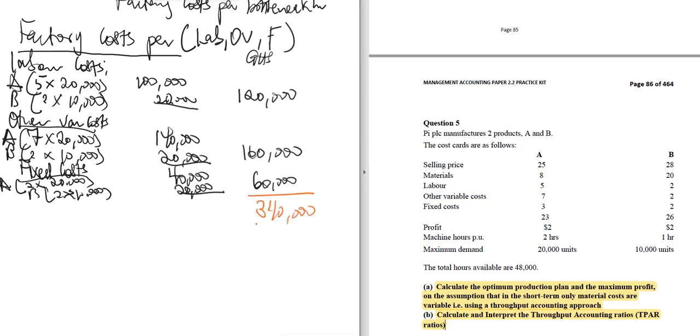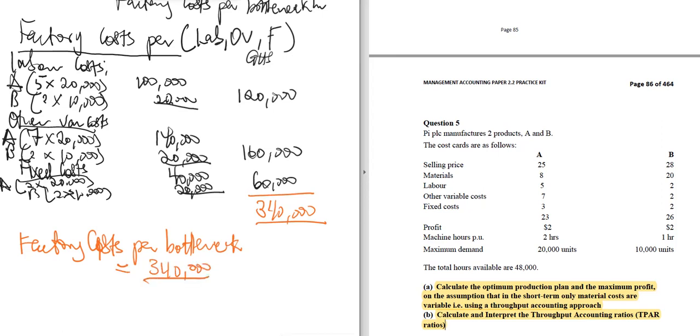You see the ranking we had up there; even if you get your throughput accounting ratio, the ranking is not going to change. So factory costs, operating expenses per bottleneck, is going to give us the 340,000 over our available 48,000 hours. That means this is going to give us what?